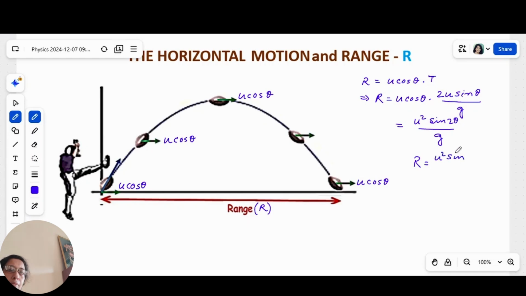Now you can see that the range will be maximum when theta is 45 degree, because when theta is 45 degree, 2 theta is 90 and sin 90 is 1, which is the maximum value for sine, and r will become u square by g.